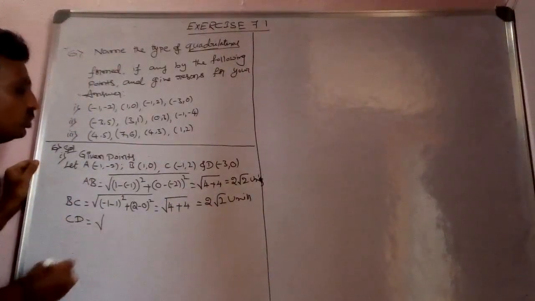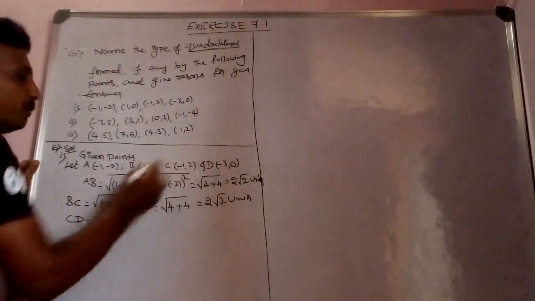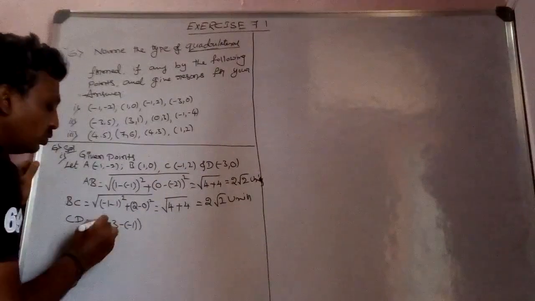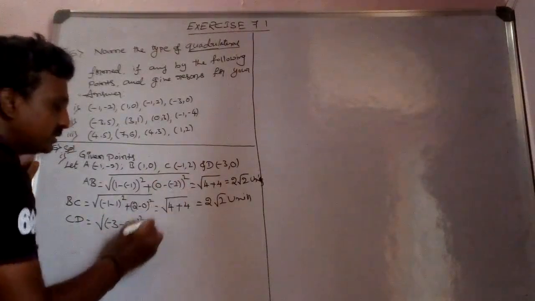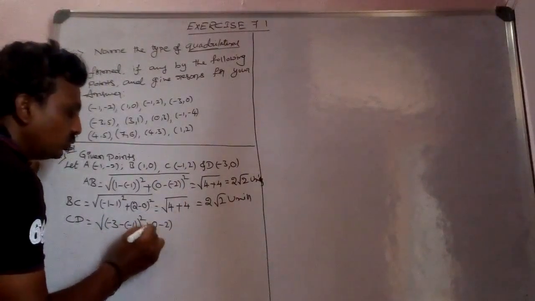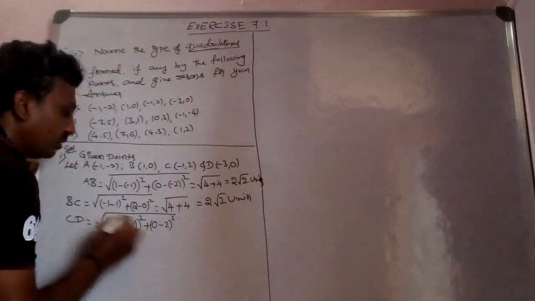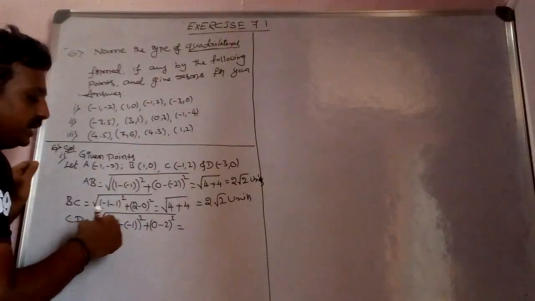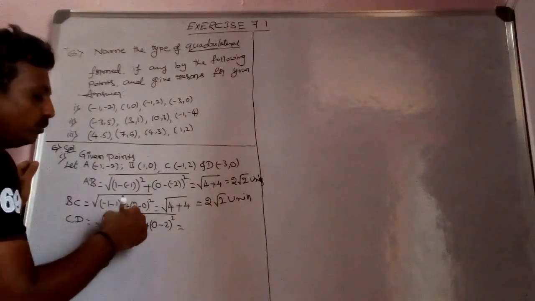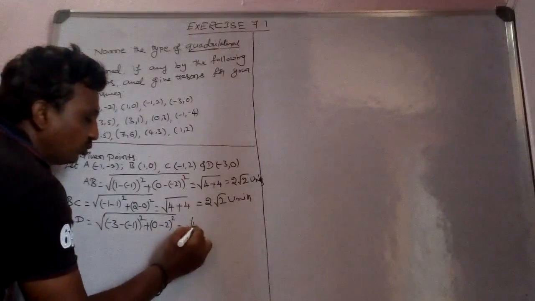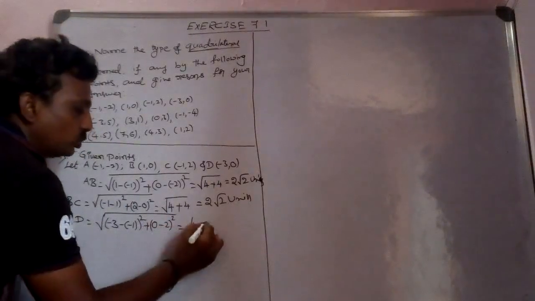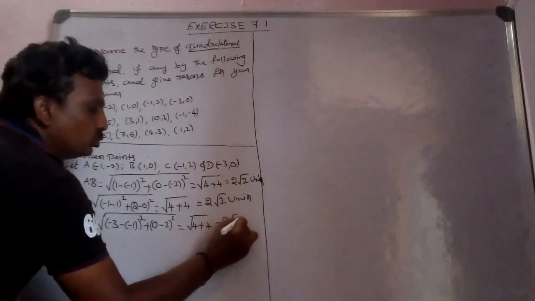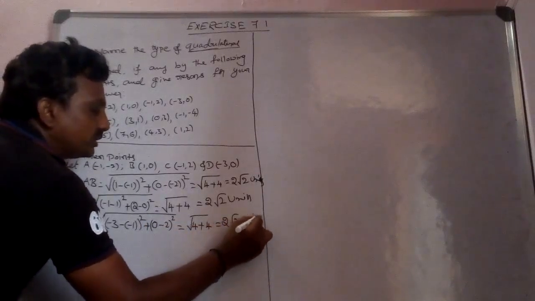CD equals square root of (-3 minus (-1)) whole square plus (0 minus 2) whole square, that is (-2) whole square, which is 4, plus (-2) whole square, which is 4. This is also 2 root 2 units.